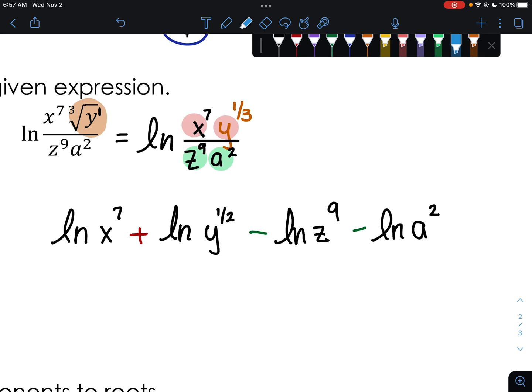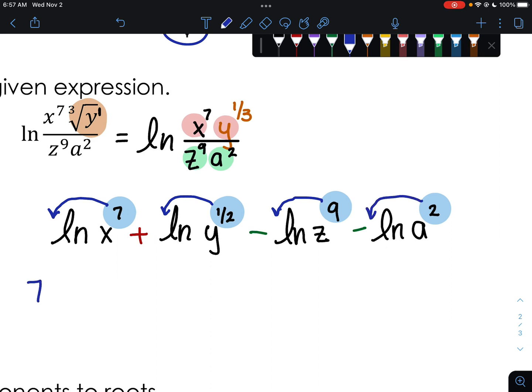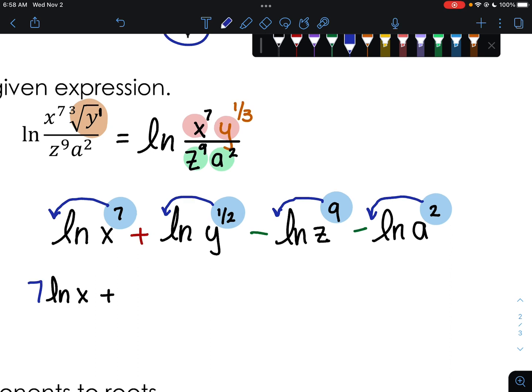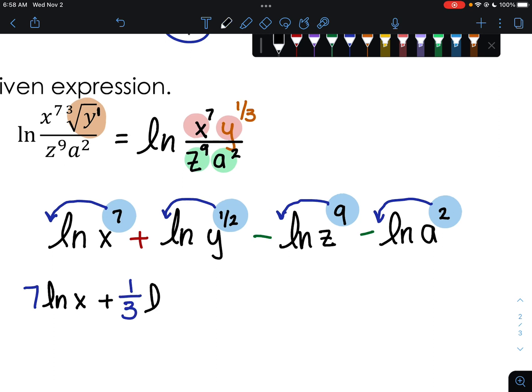Now, we see that each one of these has exponents, and exponents need to be moved into the front of the natural log, directly in front of the natural log. Okay, so we have 7 natural log of x plus, that should be a 1/3. I accidentally wrote 1/2. That's my bad, so I'll fix it.